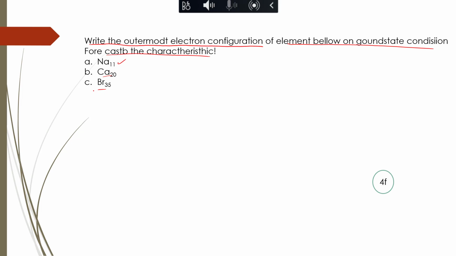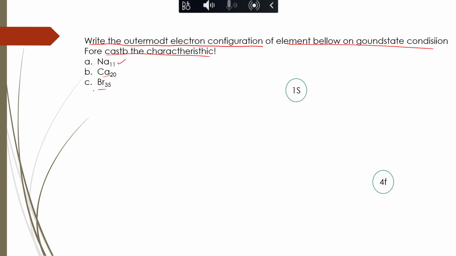To answer this question, let's start by making a diagram, which makes it easy to memorize the filling order of the electron configuration in the subshells. So I will write the diagram here.